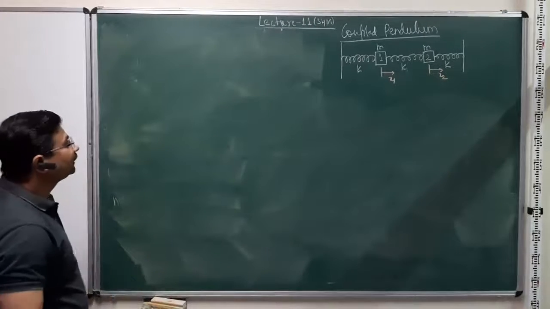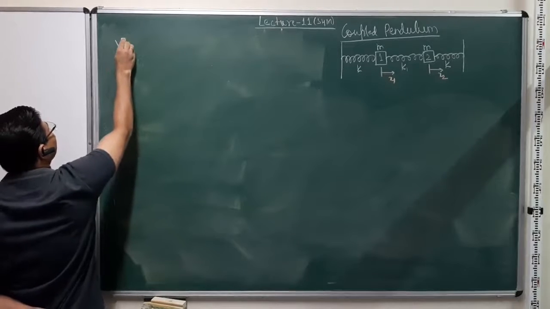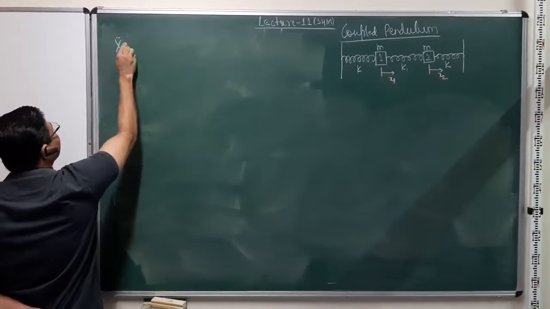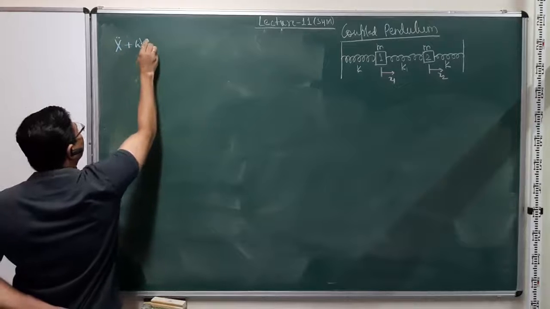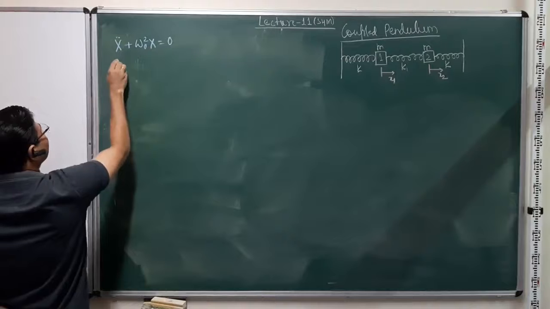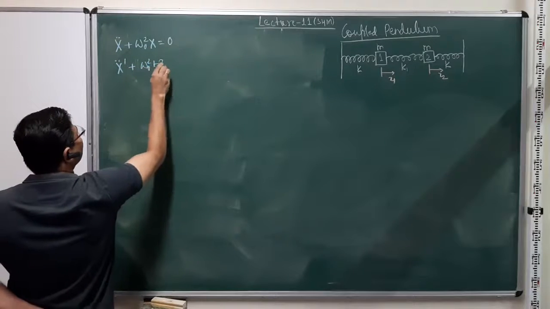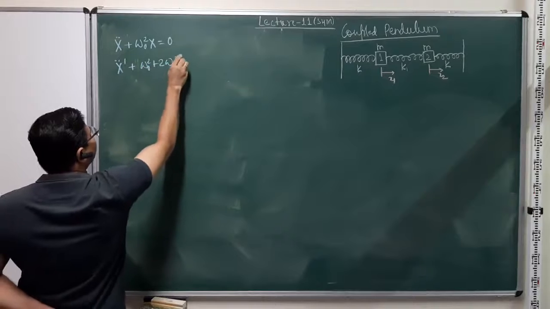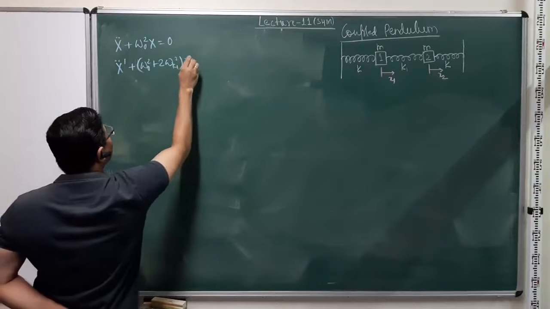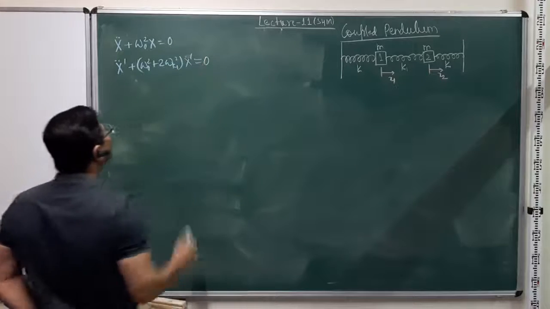Now the solution for these two normal coordinates. We write down the equations of motion again. We had x double dot plus omega naught square x equal to 0, and x prime double dot plus omega naught square plus 2 omega k1 square x prime equal to 0.